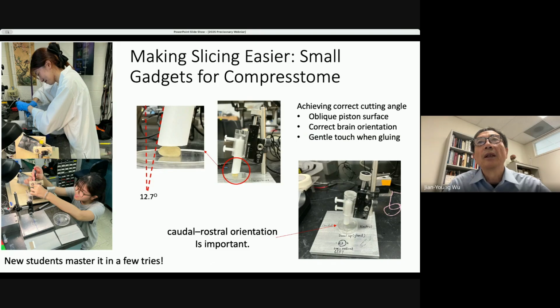And on the right top, this device mostly gives you the correct oblique cutting angle, and we also have a micro drive on the top. It provides a gentle touch when you glue. The glue is applied to the surface, you turn the holder down so the glue will be there, and then you use the micro drive to gently touch the piston to the tissue with a little pressure, so that it will glue well.